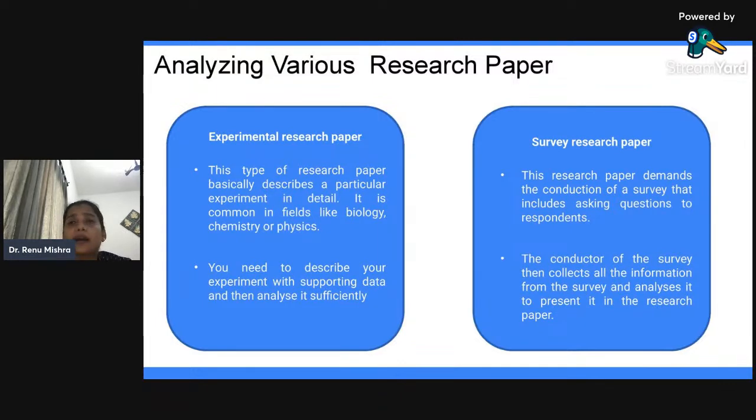Let's say you are willing to understand the likelihood of the inclination of a particular set of customers towards a new product, then you may go ahead with it. Survey research papers can also be used to know opinions, behavioral aspects, and the perception of employees. So these papers help you get insight into your customers and employees, their perception, their opinions.